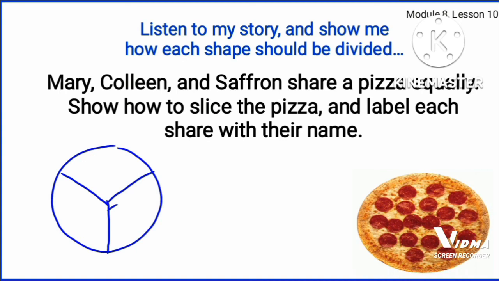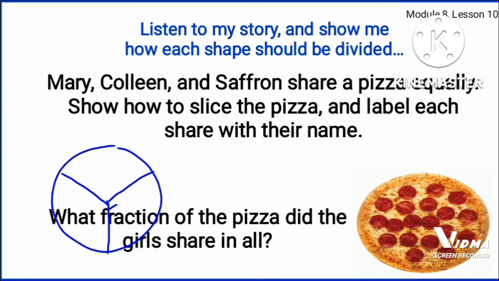That's my pizza. I drew how to share it because they are Mary, Colin, and Saffron. 3. That means we need to share it in thirds so that they will have equal shares. The fraction of pizza that each one gets will be 1/3. Thirds.